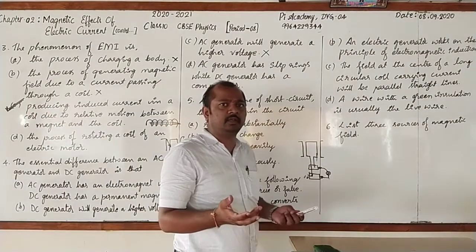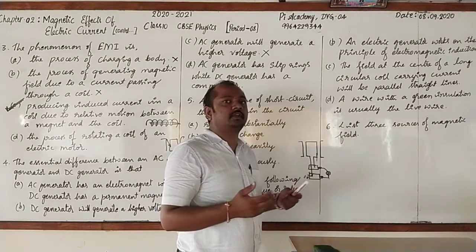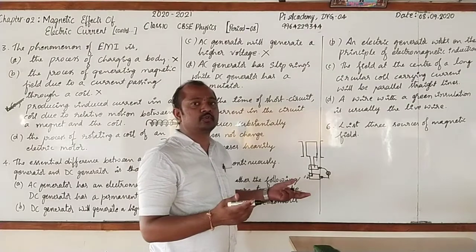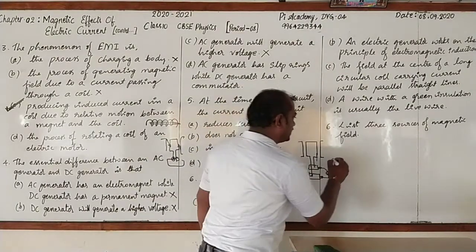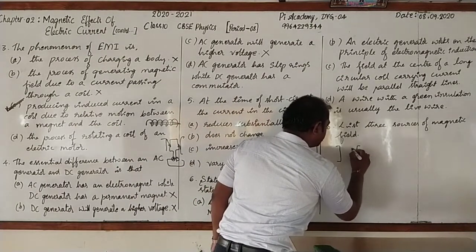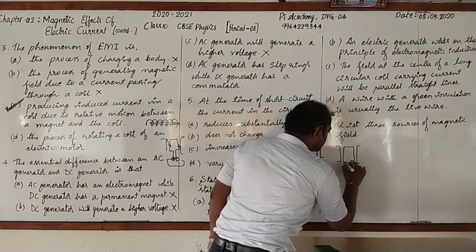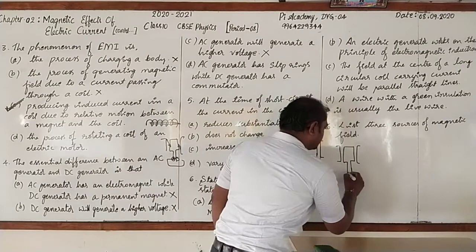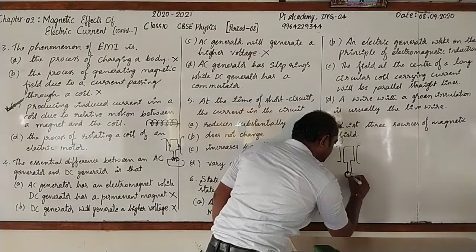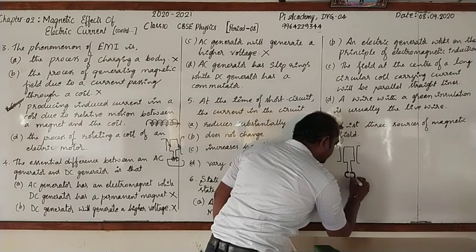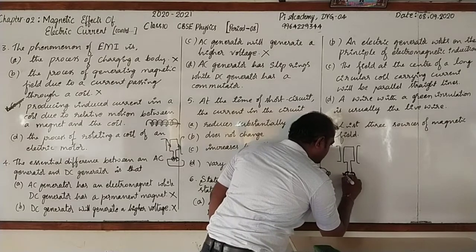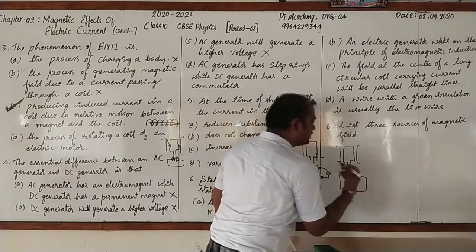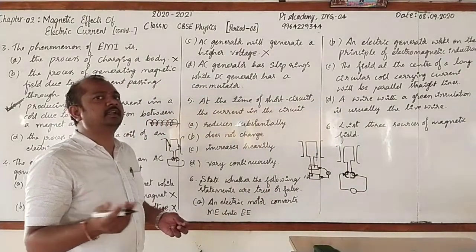We have learned how to convert an AC generator into a DC generator. In place of full rings, we have to use split rings. Observe. Here, I am drawing the DC dynamo or generator. See that. These are the split rings, carbon brushes, and the load will be used, that is a galvanometer or an LED bulb.